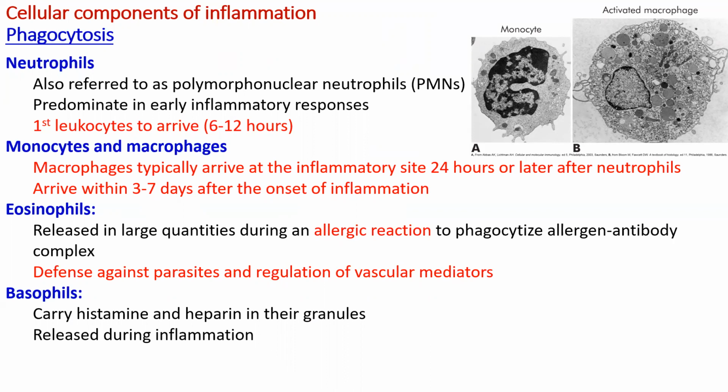It will ingest, engulf, and destroy bacteria. It will also ingest dead cells and cell debris. The cells are short-lived and may become a component of the purulent exudate. And when we say purulent exudate, it means pussy drainage.